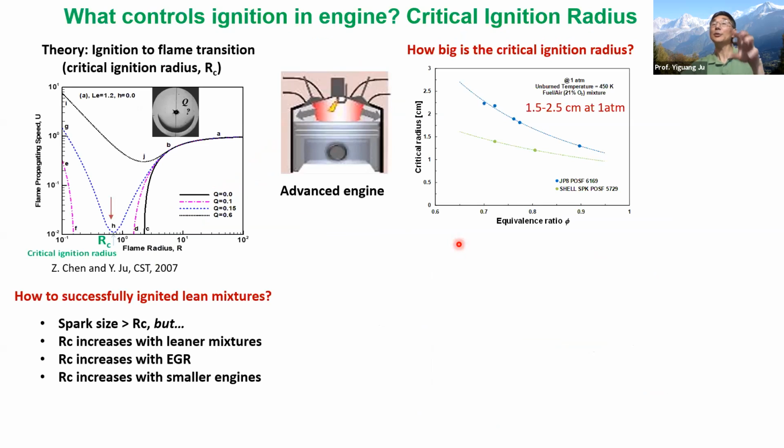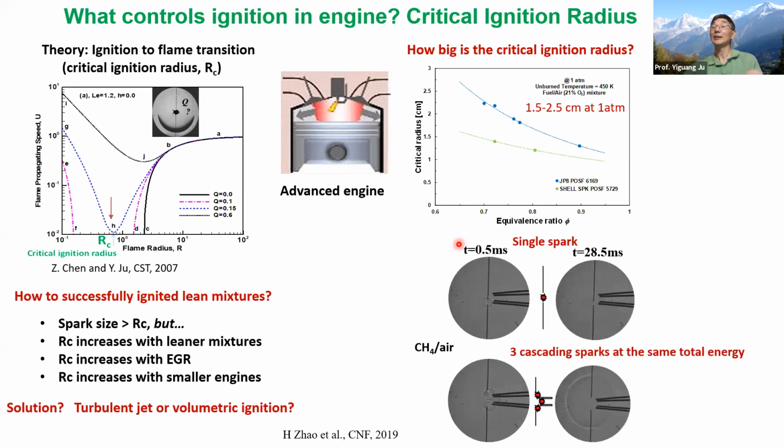In order to overcome the critical radius, we can show that you can put all the energy into a single spark, or split the energy into 3 sparks, in a geometry or in a line, to make the ignition kernel larger. You can see that for methane air flames, if you put the same energy in a single small spark, you cannot ignite it.